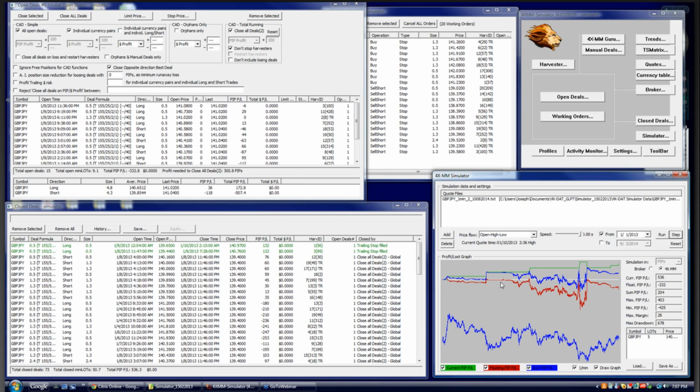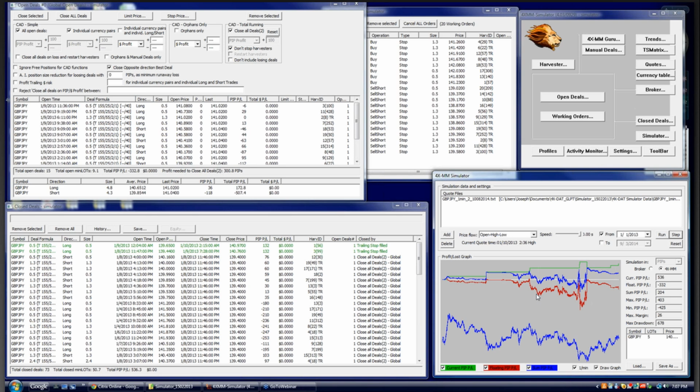The red equity curve, which is a representation of all the open deals, zigzags up and down and up and down. If you can see that faint white line in the upper gray section, that is the zero line.